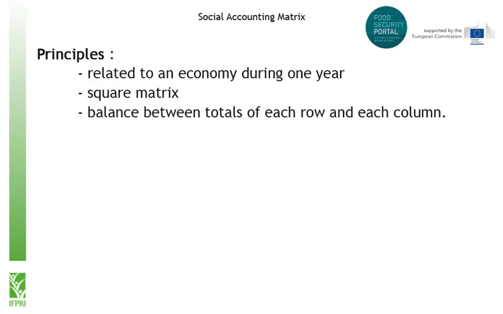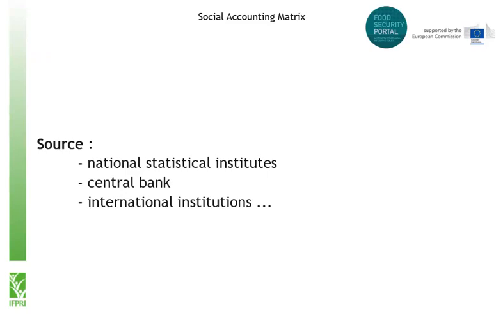I will illustrate a social accounting matrix very soon, but I would like to say that the source of information is first the National Statistical Institutes, which are in fact the main source of information, in particular because you need an input-output table for the design of a social accounting matrix. You've also got information from central banks, and you may also have some information collected by international institutions. All this information allows you to create a social accounting matrix.